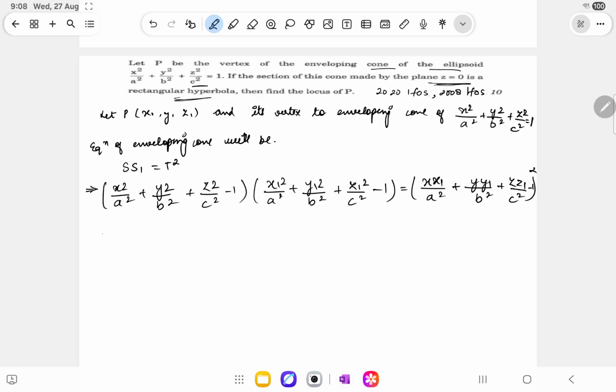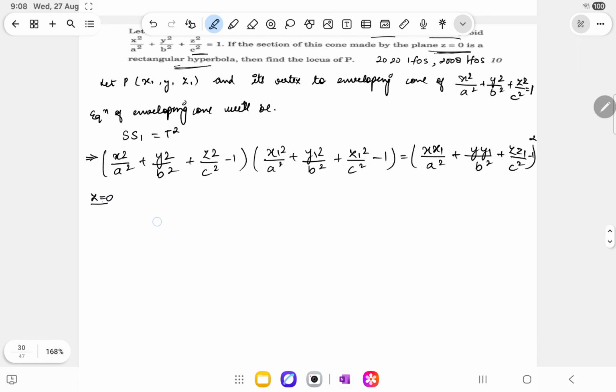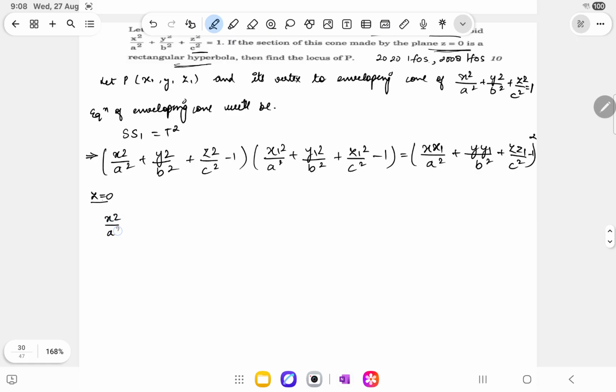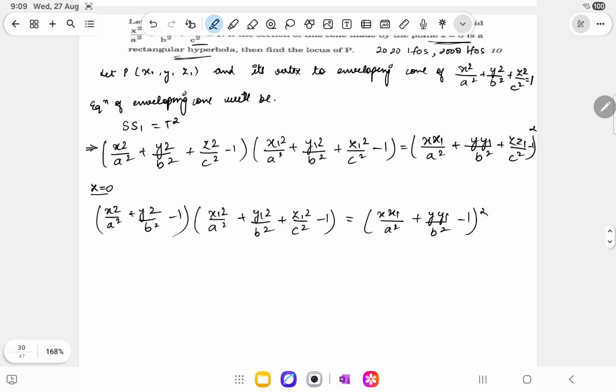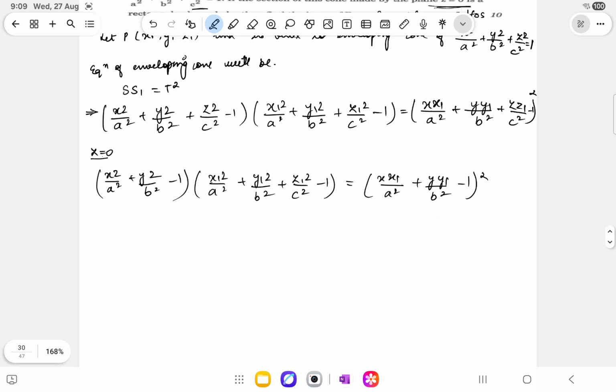So if we substitute z is equal to 0 here, we'll get x square by a square plus y square by b square minus 1 into x1 square by a square plus y1 square by b square plus z1 square by c square minus 1 is equal to x1 x by a square plus y1 y by b square minus 1, whole square. So this equation says that this section is representing a rectangular hyperbola.